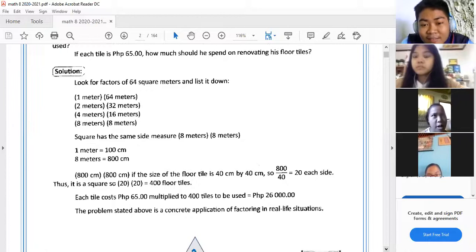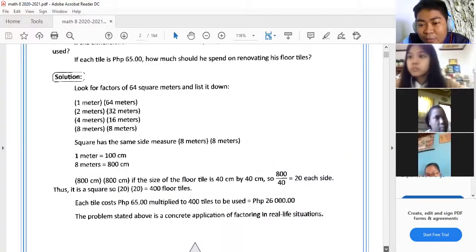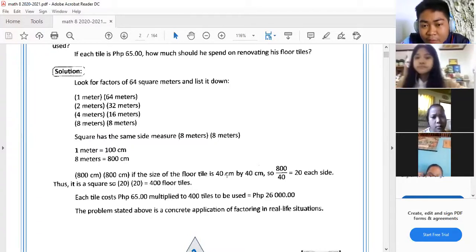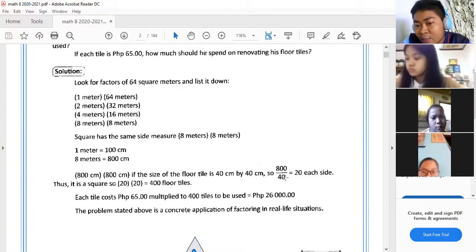So for those 800 centimeters, we are looking for how many 40 by 40 tiles fit. If we divide 800 by 40, that will give us 20 on each side.